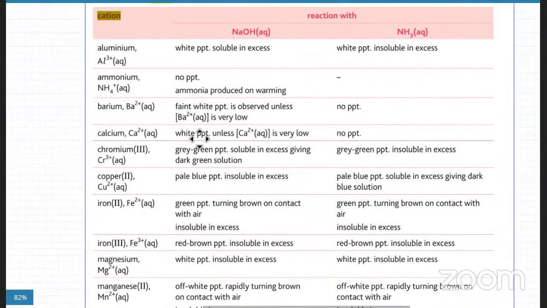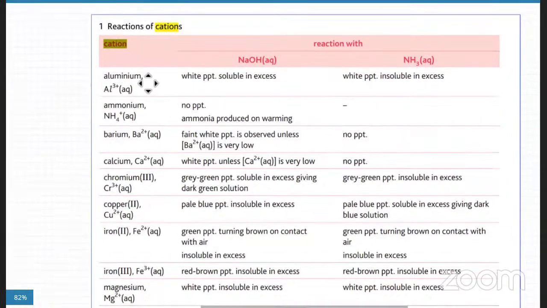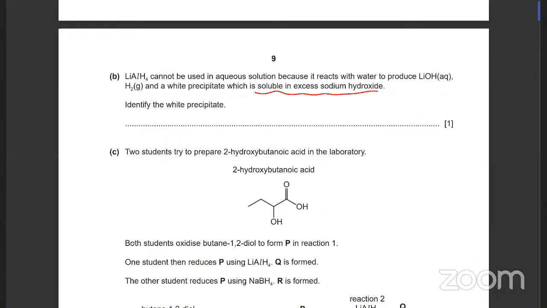Aluminium has a white precipitate that is soluble in excess NaOH, and it's insoluble in NH3. So if I go back to the question, it says there's a white precipitate which is soluble in excess sodium hydroxide. That's the precipitate of aluminium. So the white precipitate is aluminium hydroxide.